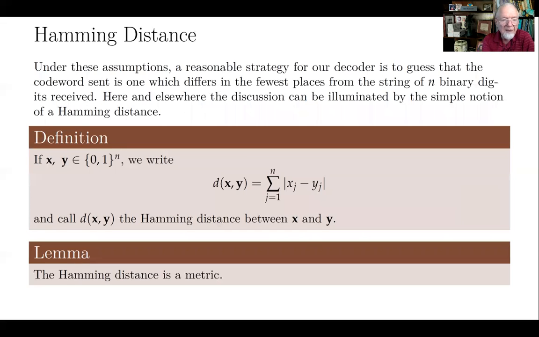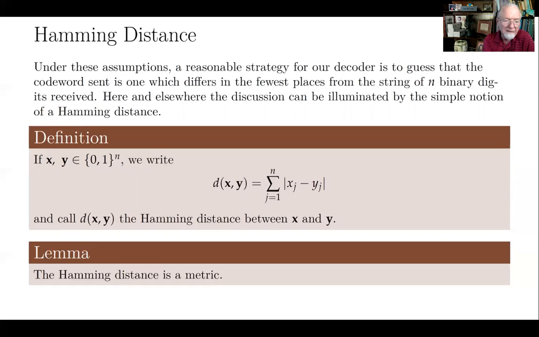So we can write the Hamming distance here as the sum over all of the bits in the X set of symbols and the Y set of symbols. So X and Y are in 0, 1 to the N, the set of possible messages.